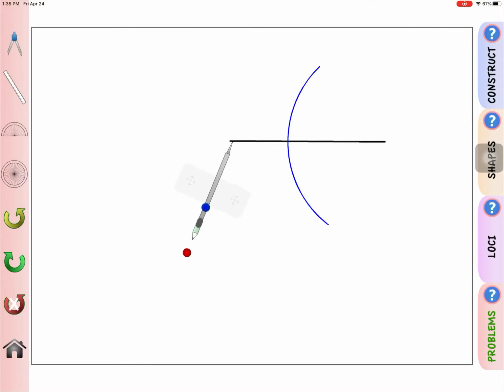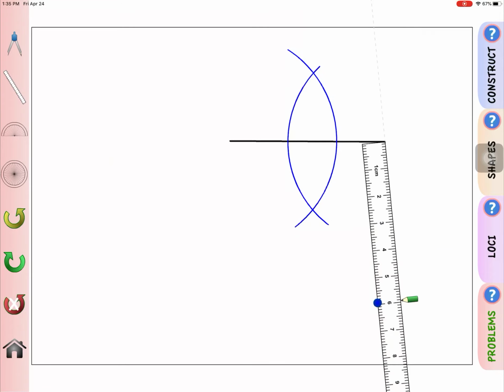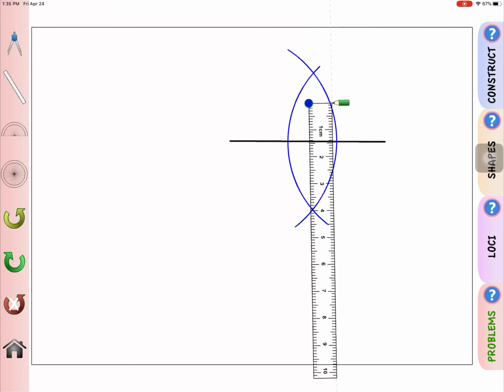Hopefully I didn't wreck anything there. And now we're going to spin this around. And you'll see that if you do something like that, if hopefully I've done it right, it will bisect that line completely in the middle.